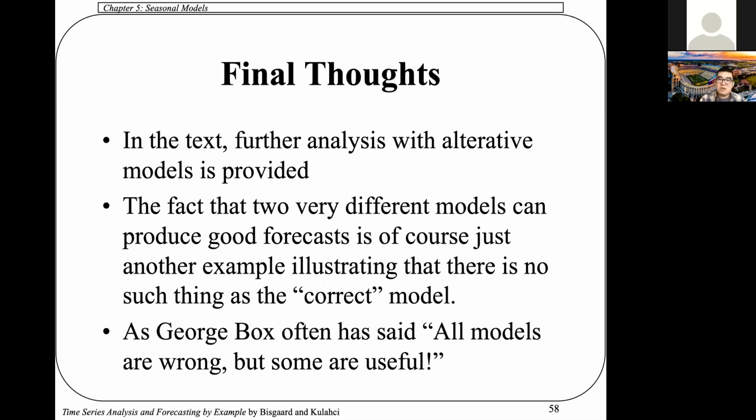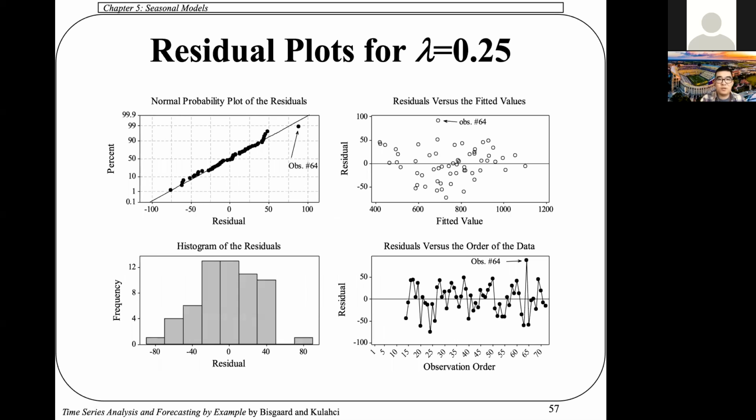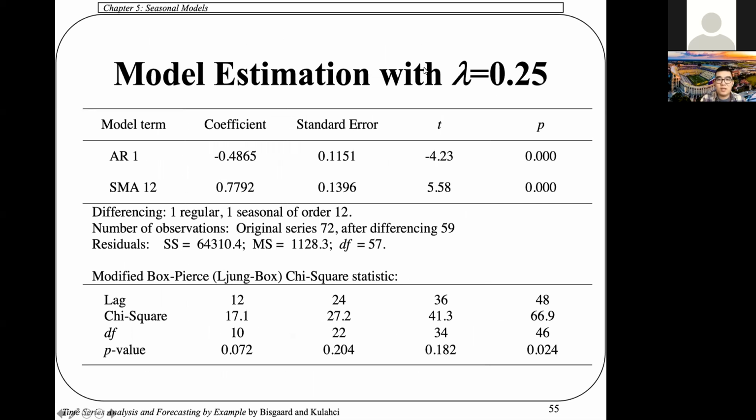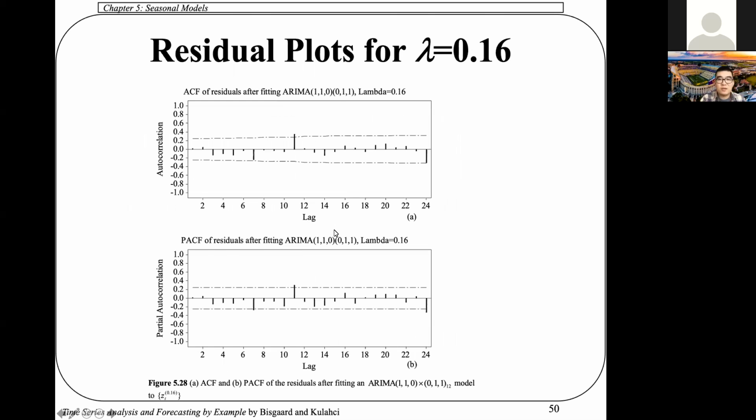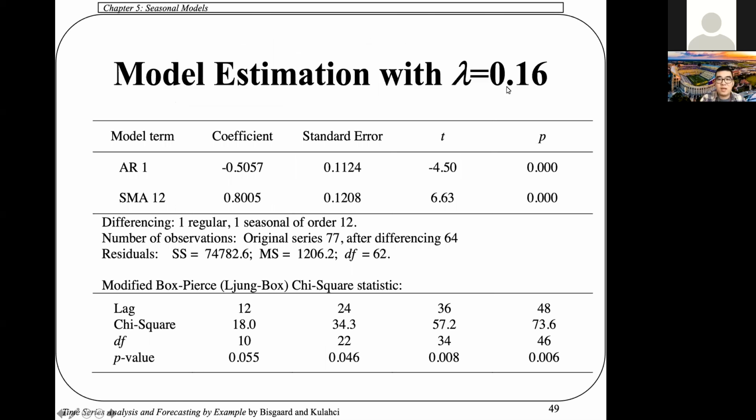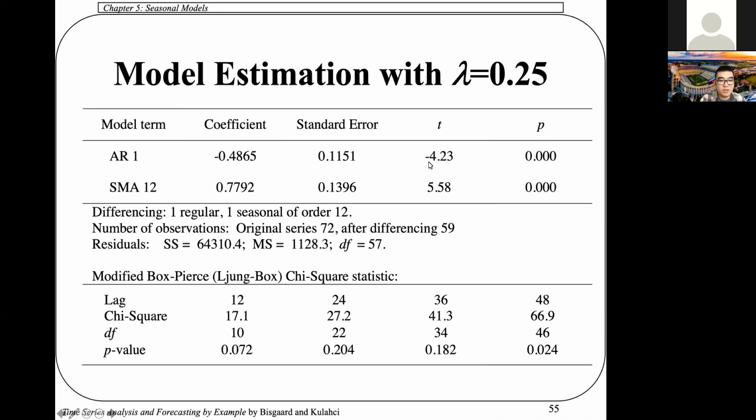Here it seems that there are two very different models. This model, lambda equal to 0.25 but using only 72 observations, is pretty similar to the model with lambda equal to 0.16 but with all 77 observations. So it seems like these two models are pretty similar.